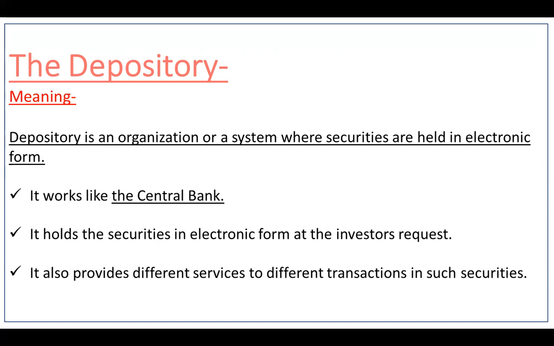In the depository system, it is a body or organization or a system where the securities are held in electronic form. It works like a central bank. It holds the securities in electronic form at the investor's request.